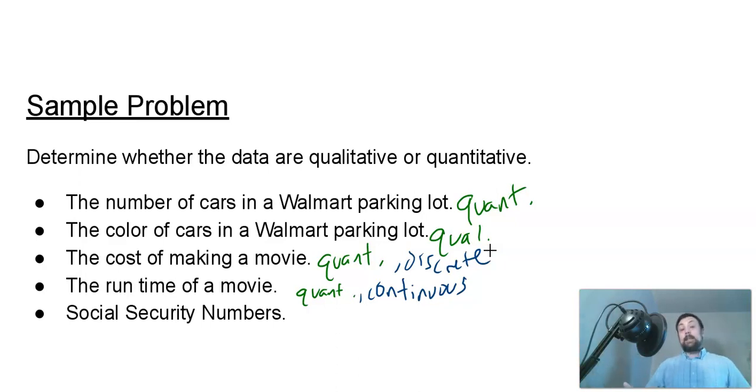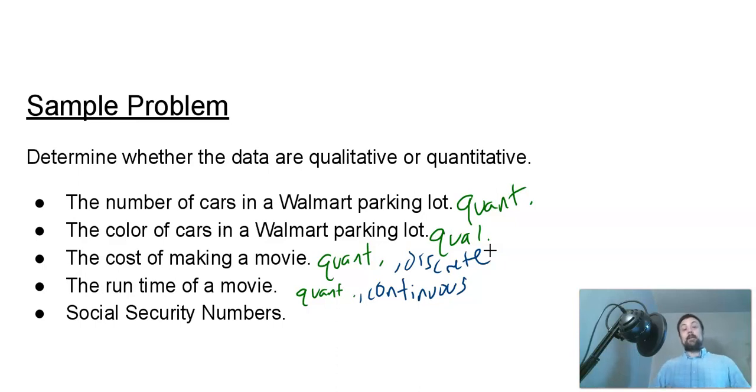Because numbers you can add together. Kind of like the 4-star and 5-star rating stuff. Can you add those numbers together? Well, not really. It doesn't really make sense to do that. So rating a movie 4 stars or 5 stars is really a label that we're giving the movie. It's not really quantitative data. It's more qualitative. So same thing with Social Security numbers. A good way to check for that is, can you do number things with those numbers?